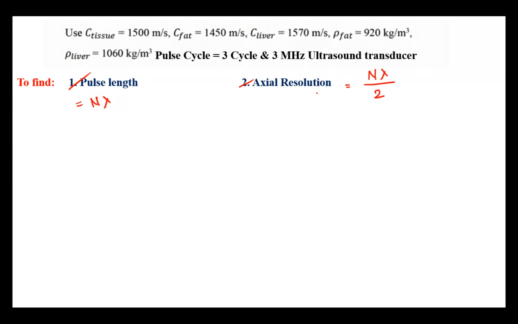So this is the formula for axial resolution. You need to find the resolution of the image. If you know the number of cycles and the wavelength, you divide by 2 and you get the resolution. Pulse length divided by 2. We solve axial resolution. Somebody solve axial resolution and give me the answer. What is the answer for axial resolution?